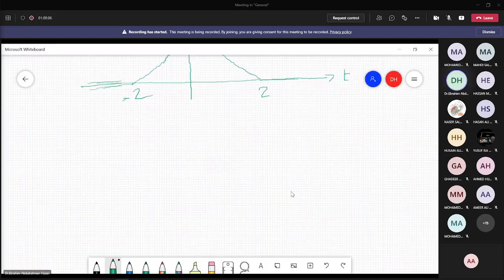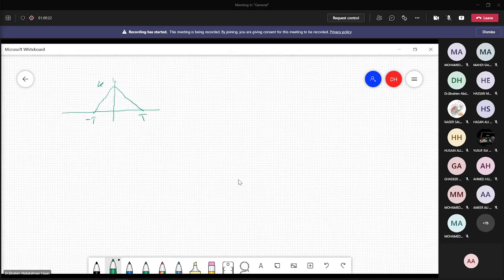So in general, I have this shape. So this is t, this is minus t, and this is k. Also, if I have this one, so that you don't get confused: this is minus t, t, and k.